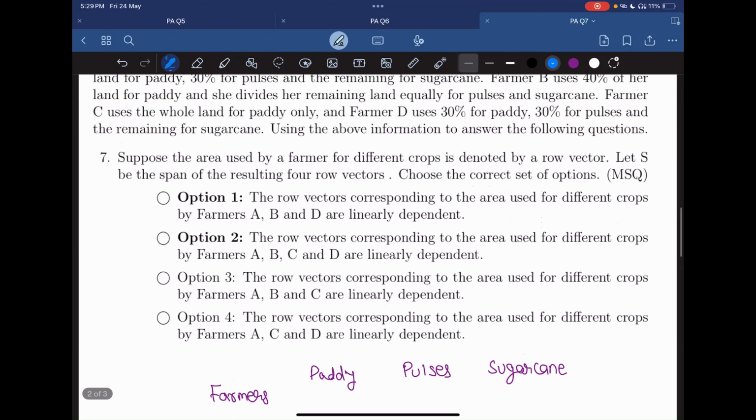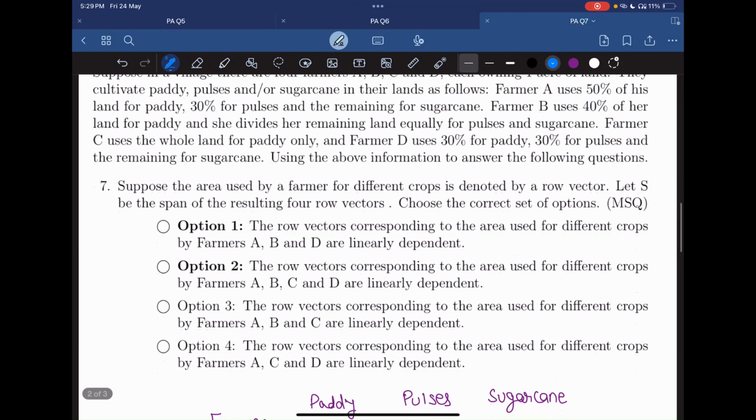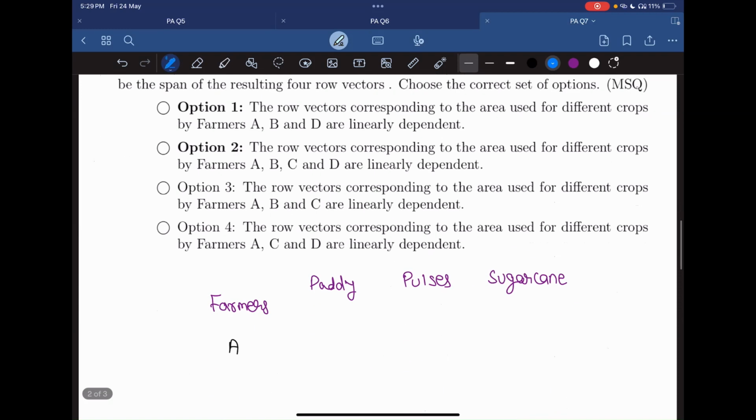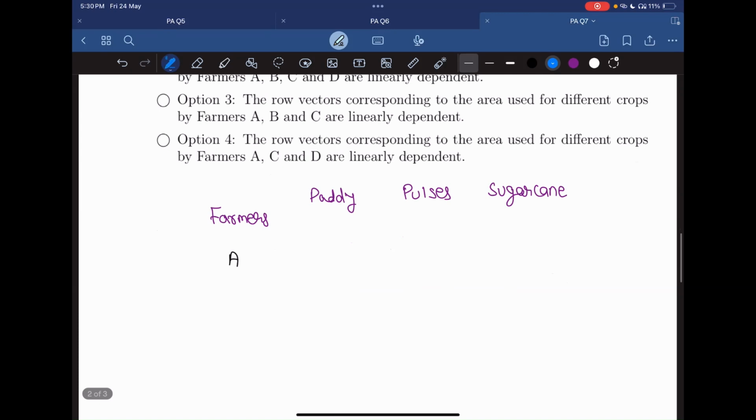Farmer A is using 50% of his land for paddy, 30% for pulses, and the remaining for sugarcane. So we can write it as 5 by 10 for paddy, 3 by 10 for pulses, and the remaining, that is 2 by 10, for sugarcane.